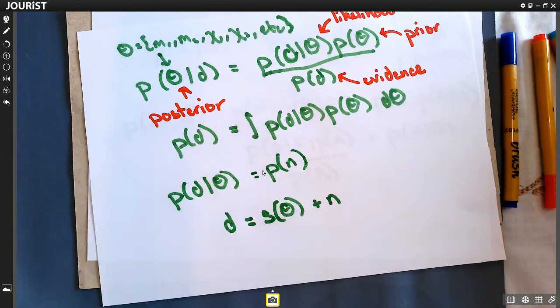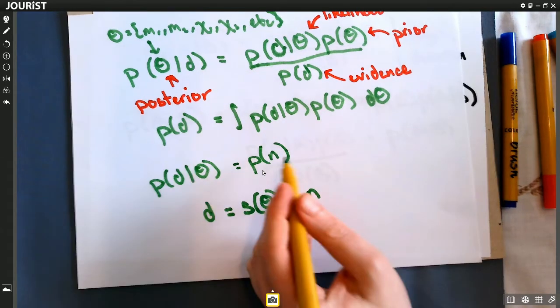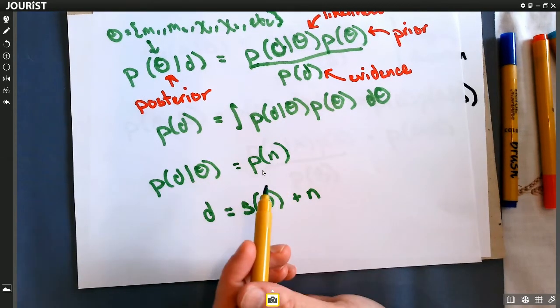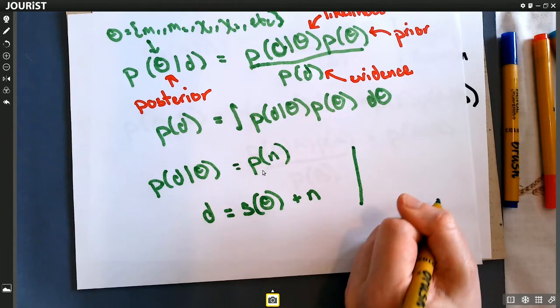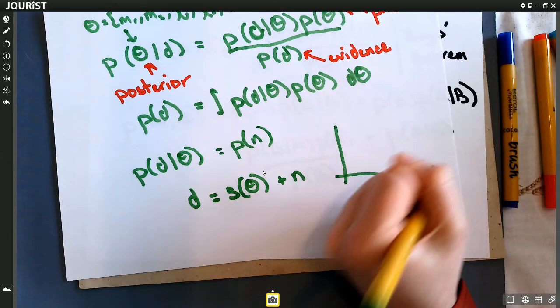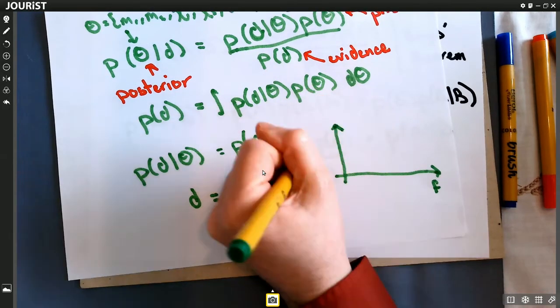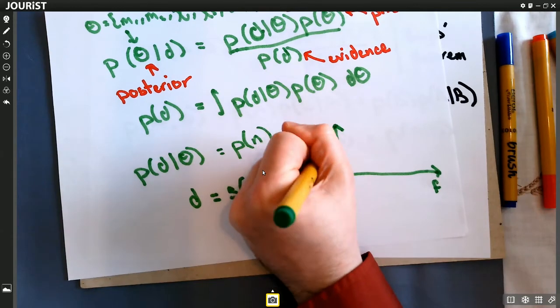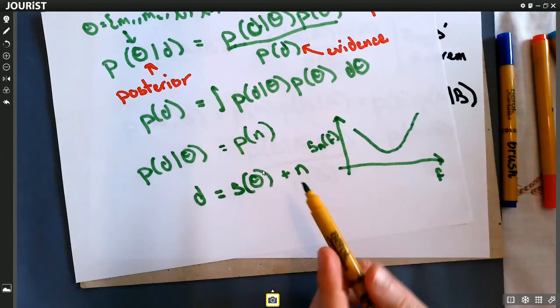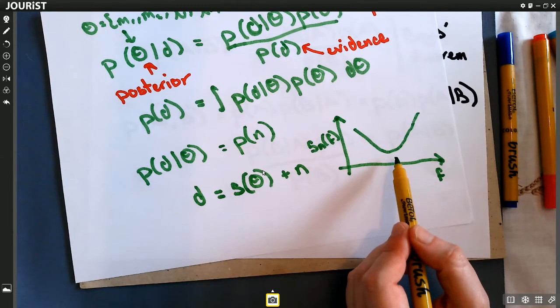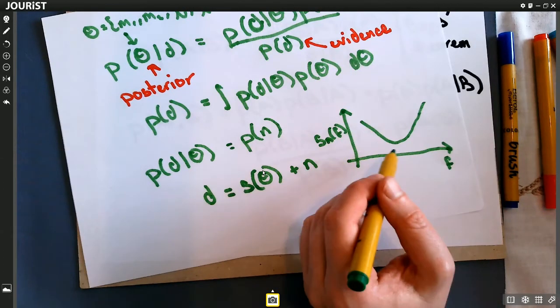Okay. What's the probability of getting this particular noise realization? Well, we calculate this from the assumption that we have Gaussian noise. You remember, we characterize our noise properties with a noise curve. It looks something like this. And this says that at any particular frequency, we expect that our noise is zero mean and has a variance given by the power spectral density, this noise curve here.